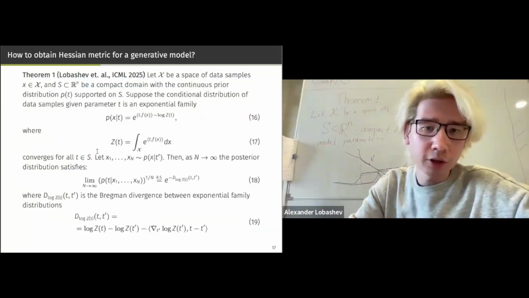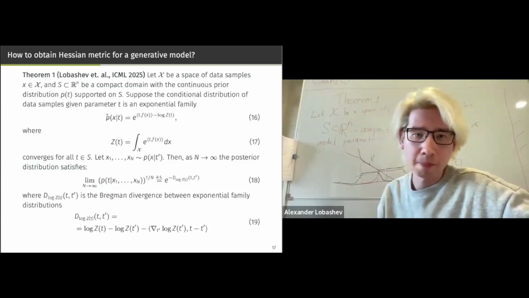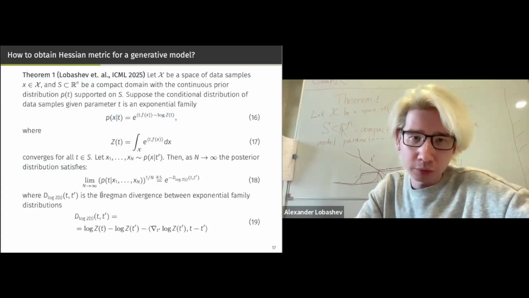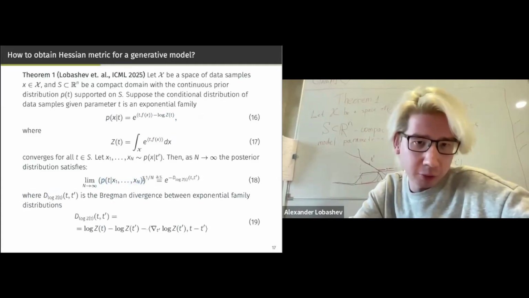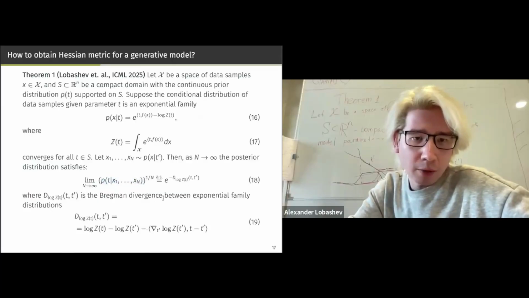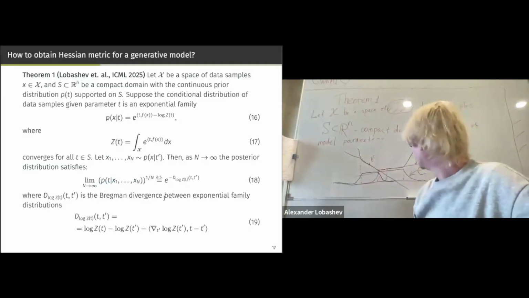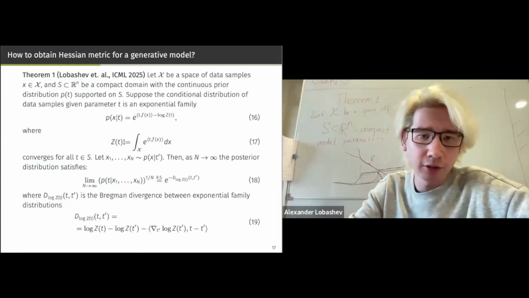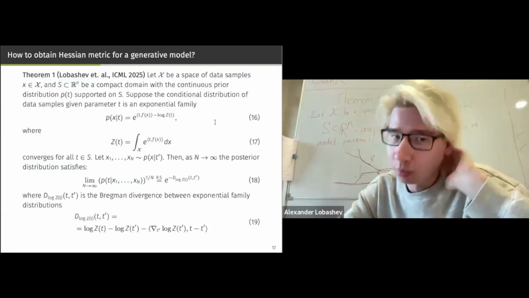And this theorem actually states that if we have a probability distribution and we know the set of posterior distributions, then we know all tangent lines to this convex potential, and it is enough to reconstruct this logarithm of the normalization constant.